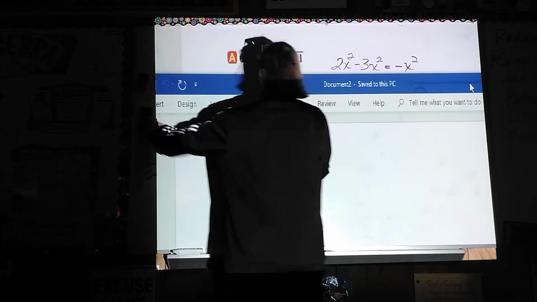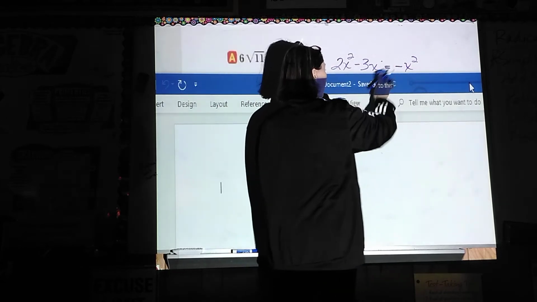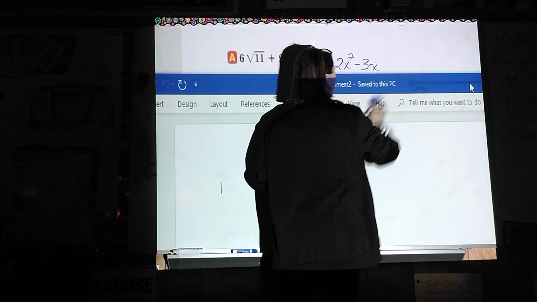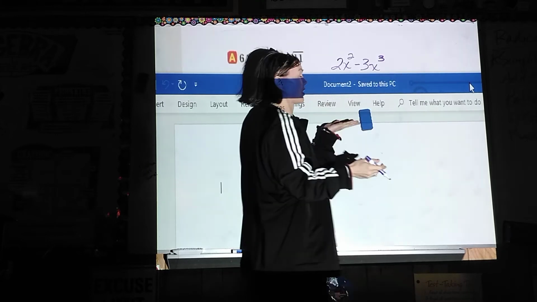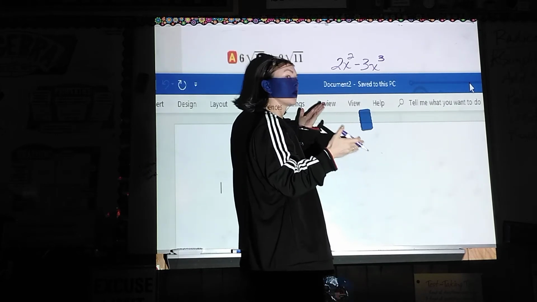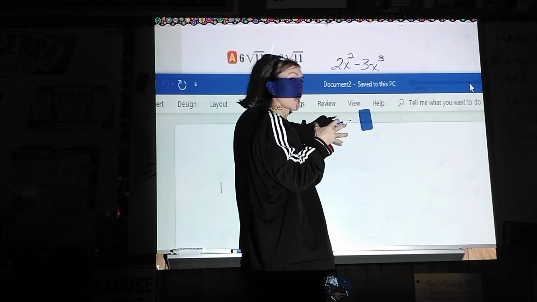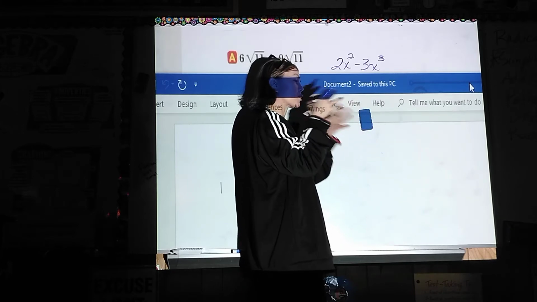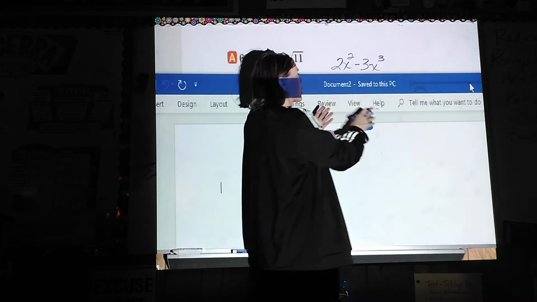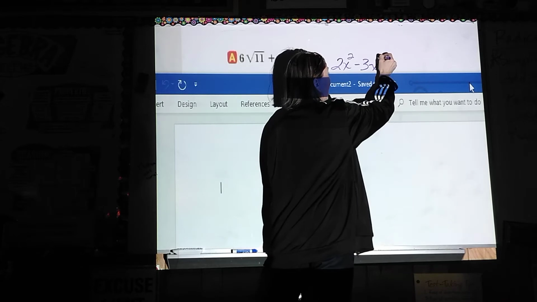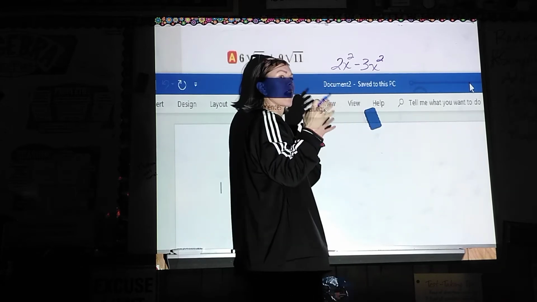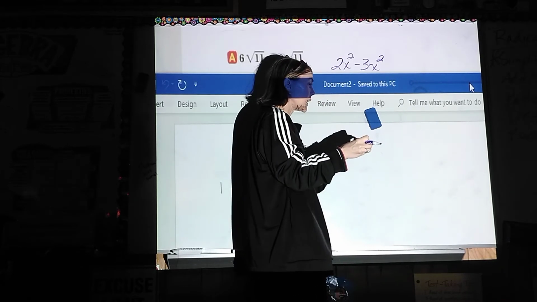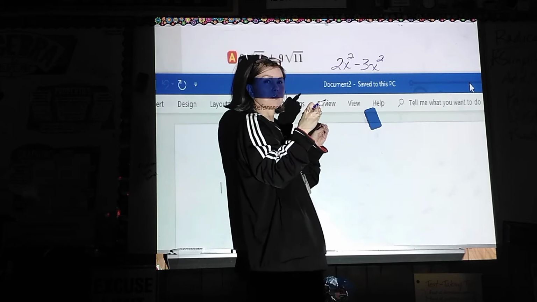This is a quick review, mind you. If this said negative 3x to the third, we would not be able to combine them, add or subtract them. In order for them to be combined, they have to look exactly the same.